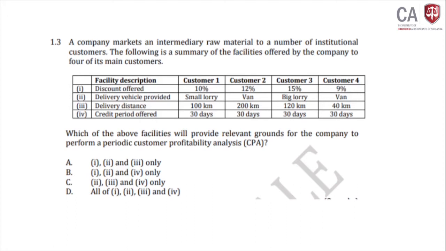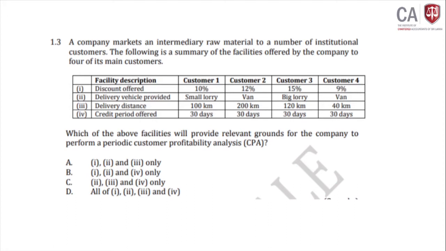Therefore, if you need to do an evaluation on customer profitability, the credit period offered becomes irrelevant here, because it's the same for all four customers. Therefore, you can ignore it and do your profitability analysis using other variables. The question is which of the above facilities will provide relevant grounds for the company to perform a customer profitability analysis.